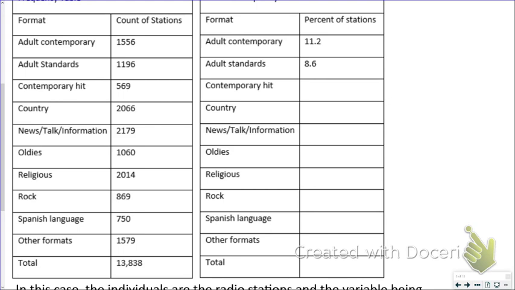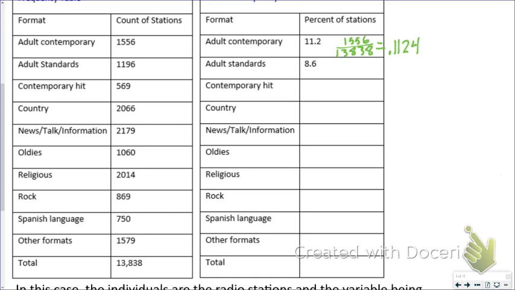So for example, if I was doing this, I would say 1556 divided by 13,838 equals 0.1124. So I would have said 11.24%. I mean, they typed it, so they're fine.